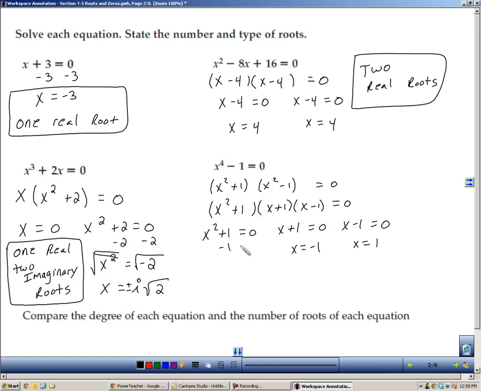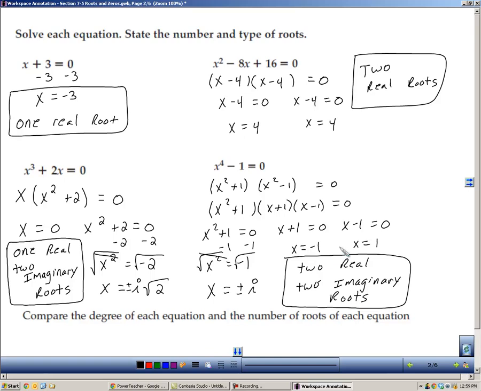Over here, when I subtract the 1, I get x squared equals negative 1, and then I can take the square root. Well, that means x equals the square root of negative 1, which is really i, so we get plus or minus i. So in this case, there's four solutions, two that are real and two that are imaginary. The real are negative 1 and 1, and the imaginary are positive i and negative i.